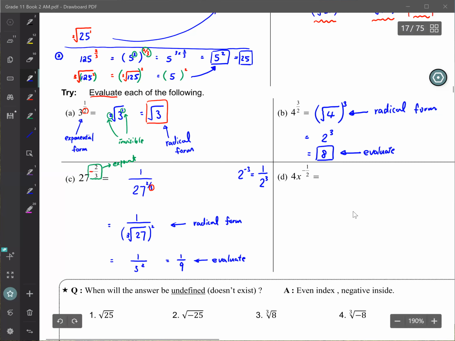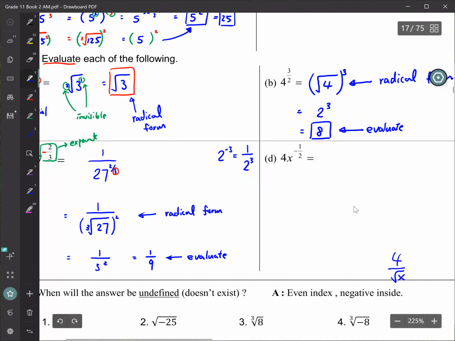Okay, Eric, what do you have? I have 4 over the square root of x. All right, very good, thank you. The thing I'm trying to get you to see is that this one doesn't have brackets. So the negative exponent, the negative half, only applies to the x.